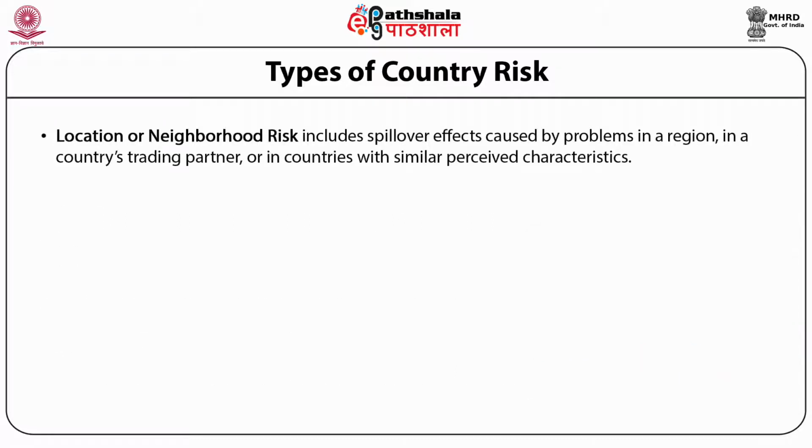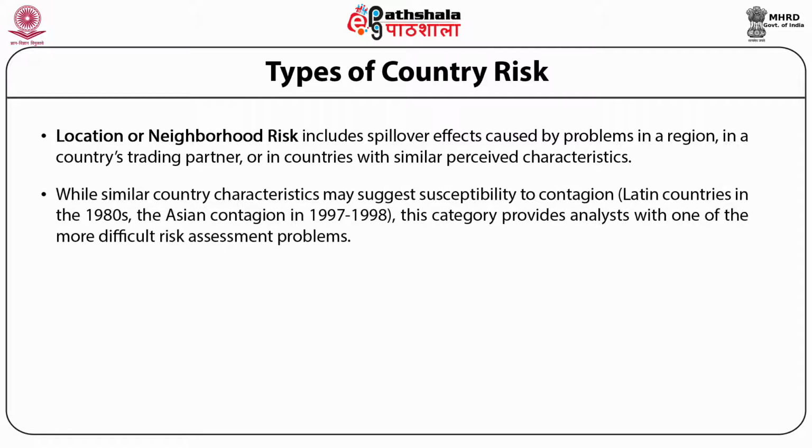Location or neighborhood risk includes spillover effects caused by problems in a region, in a country's trading partner, or in countries with similar perceived characteristics. While similar country characteristics may suggest susceptibility to contagion, that is, Latin countries in the 1980s, the Asian contagion in '97-98, this category provides analysts with one of the more difficult risk assessment problems.